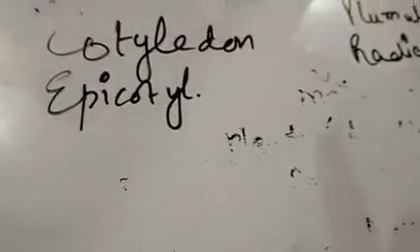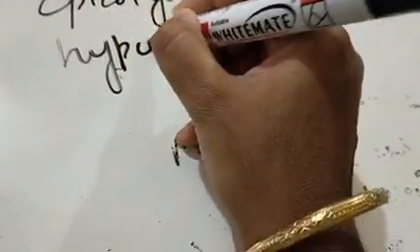Now the part of the plant above the cotyledon is called epicotyl, which becomes the stem. Whereas hypocotyl is between the cotyledon and the radicle.